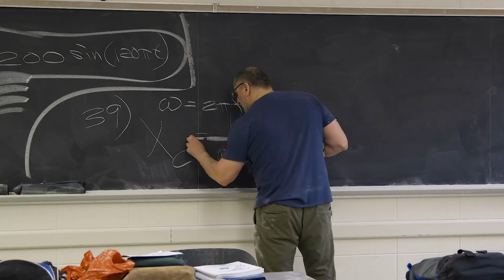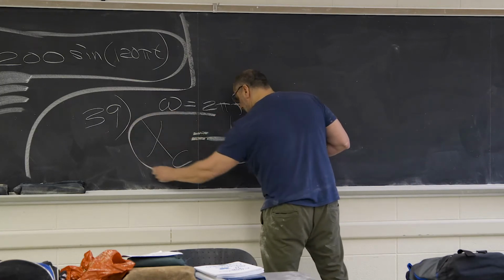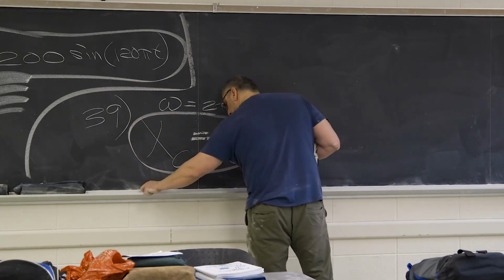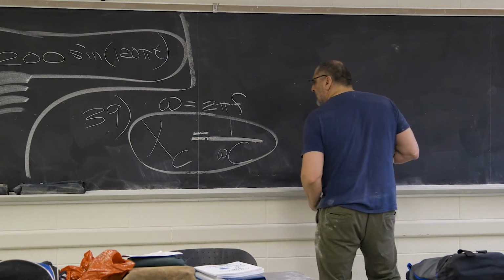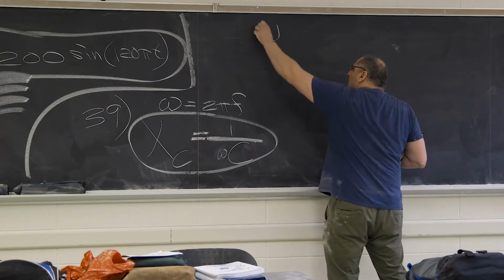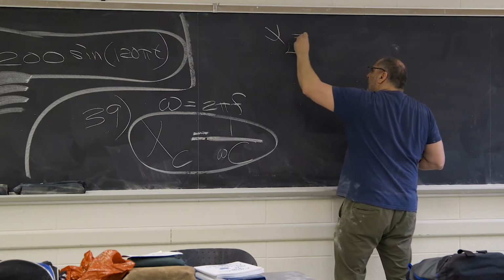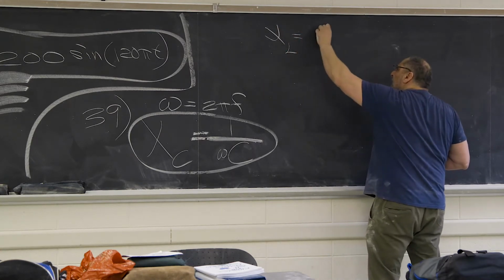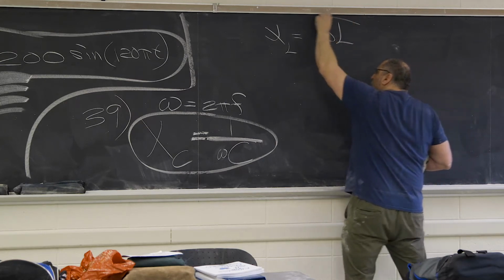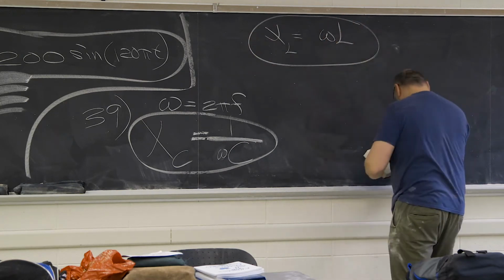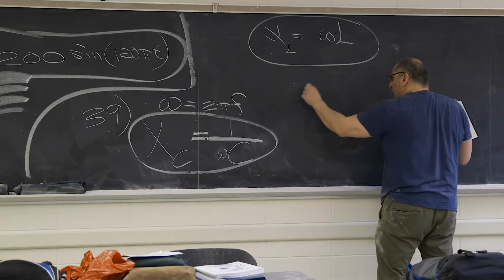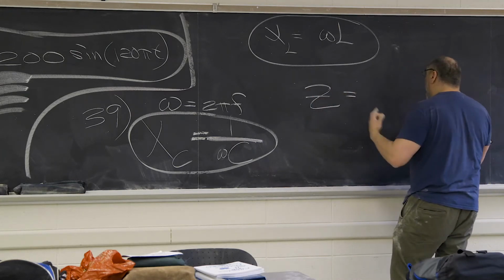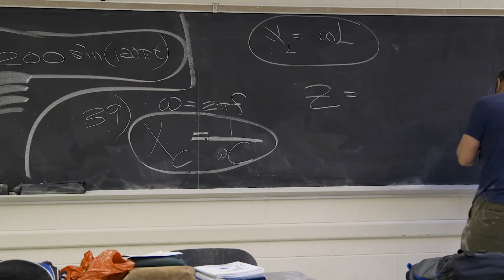Okay, that's X sub C, capacitive reactance. Inductive reactance is omega L. And the impedance is the grand total sort of resistance that occurs when all three of these are in series with one another.